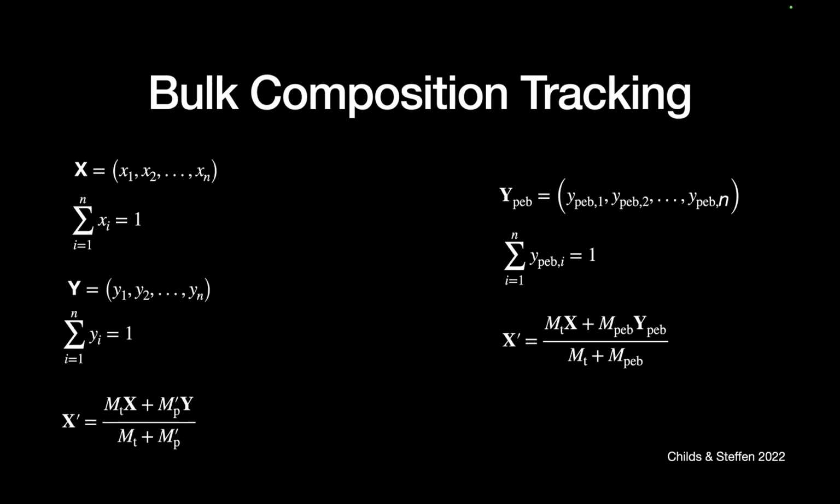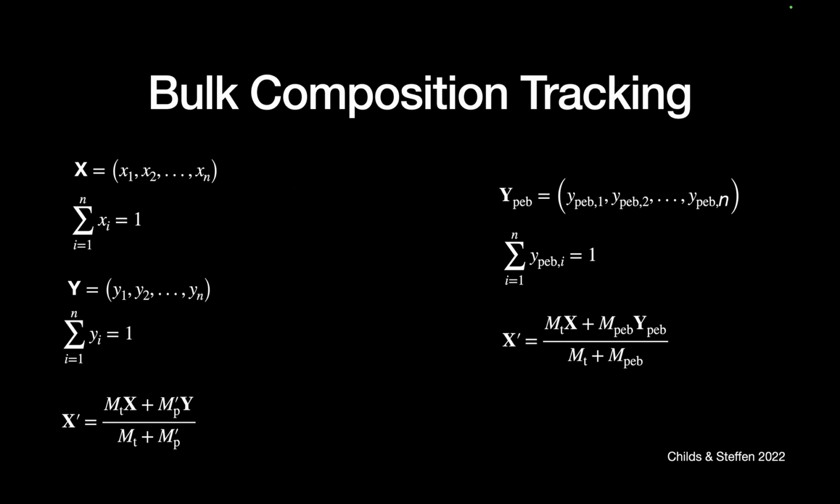So after we initialize the compositions of all the bodies, we use this bulk composition tracking algorithm. So in a collision, a target is the bigger of the two bodies involved, and the projectile will be the smaller of the two bodies involved. Big X here is the composition of the target, where X sub i is the relative abundance of the ith species. So if you sum up all those relative abundances, they should equal 1.